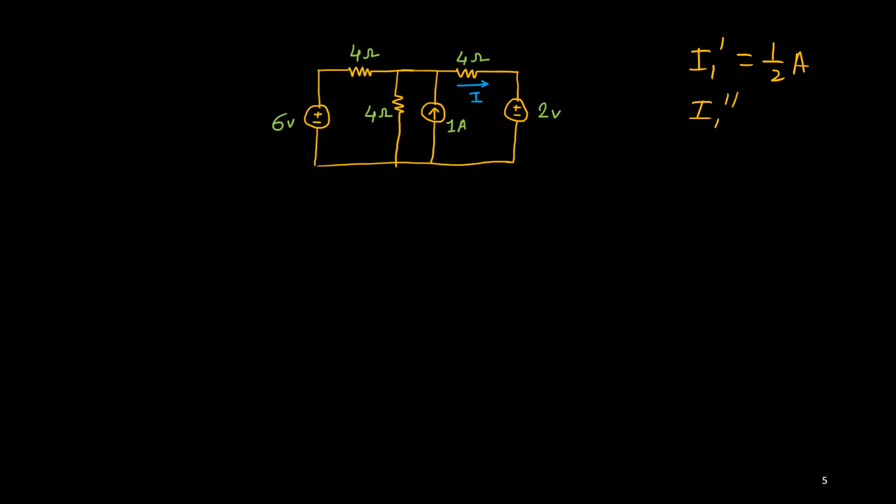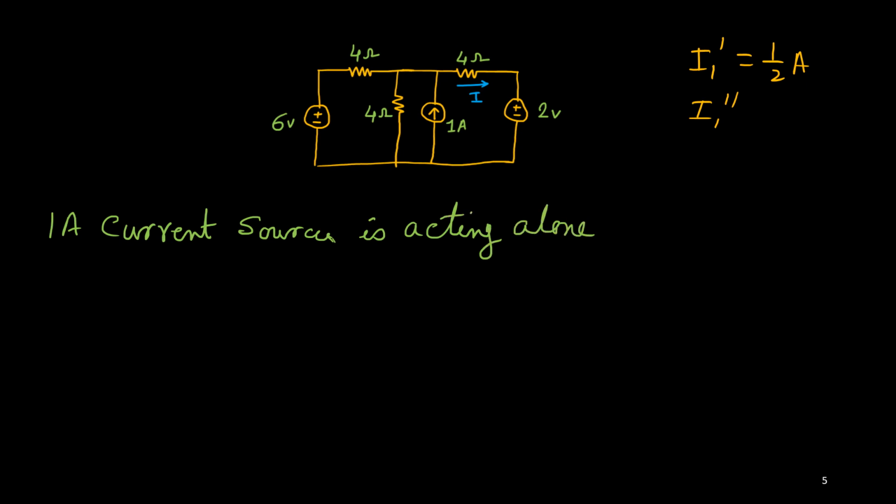So for this, when 1 ampere current source is acting alone, so we'll remove, so when this is acting, this voltage source is shorted, this voltage source is also shorted, okay?